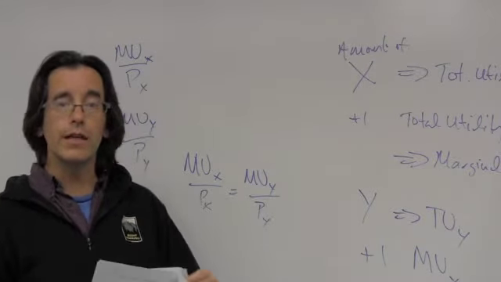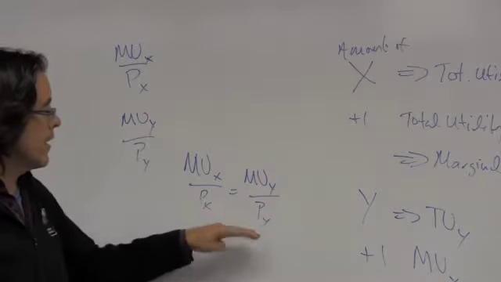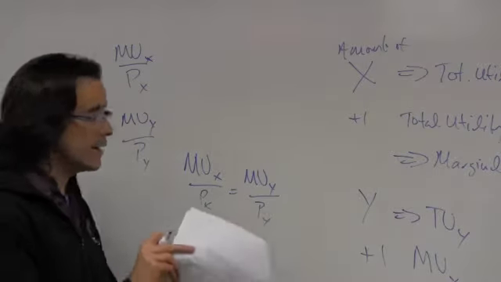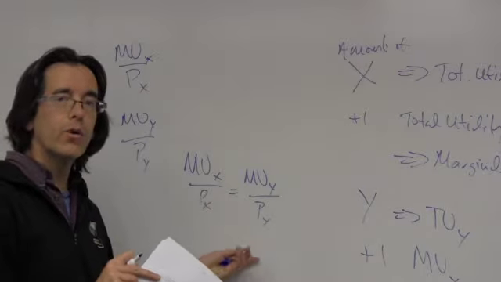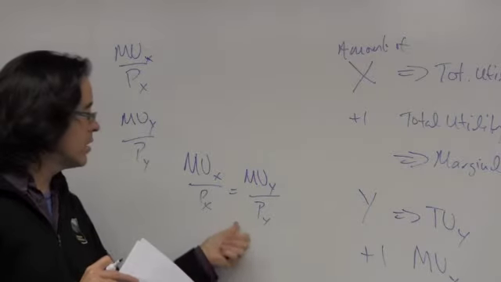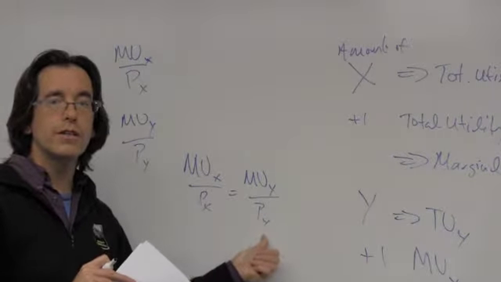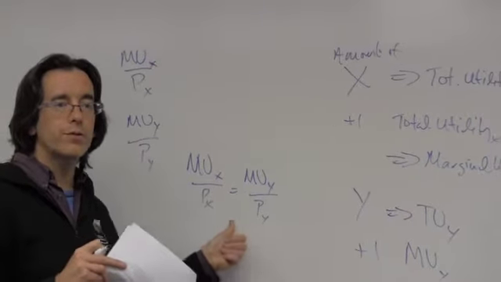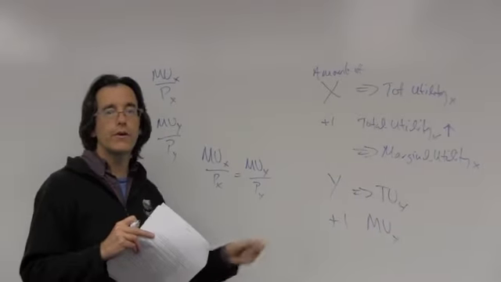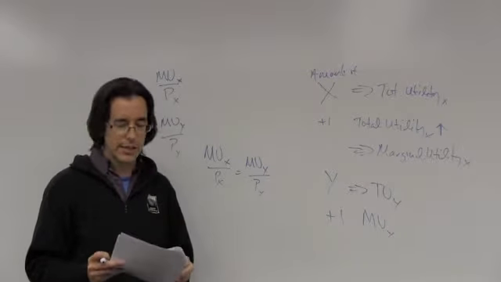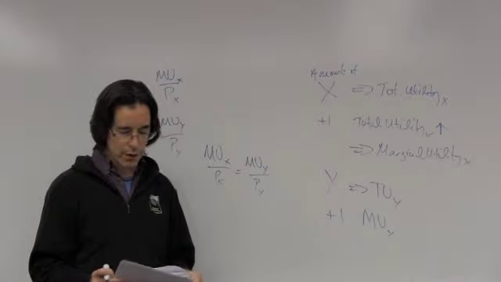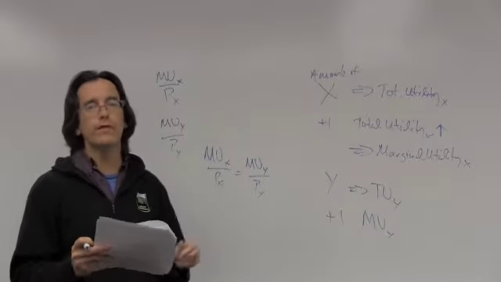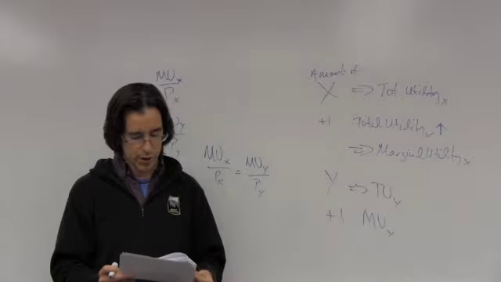We want to keep changing our behavior until we're consuming goods such that it doesn't matter if we spend a dollar more on one good or another. We're indifferent because they give us the same kind of benefit. Okay? So that's one way of looking at this marginal decision rule.